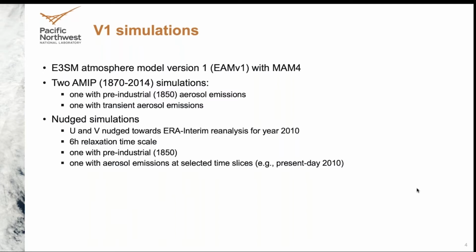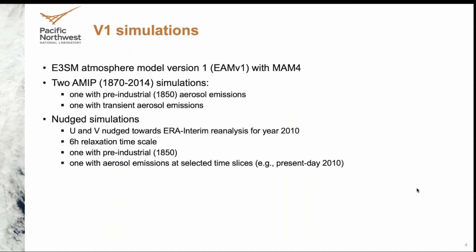At the same time, I also performed a lot of nudged simulations because the long simulations do not include all the necessary information I want to analyze. So I performed simulations of 15 months with 3 months spin up and the last 12 months for analysis. The horizontal wind is nudged towards reanalysis for year 2010.